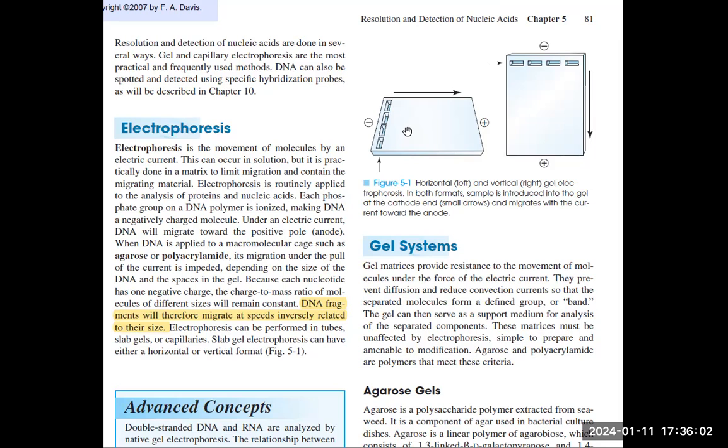It can provide resistance to the movement of molecules under the force of the electric current. It can also prevent diffusion of our migrating fragments, and decrease convection currents. So eliminating all those things, we can surely produce a defined, distinct group known as a band.